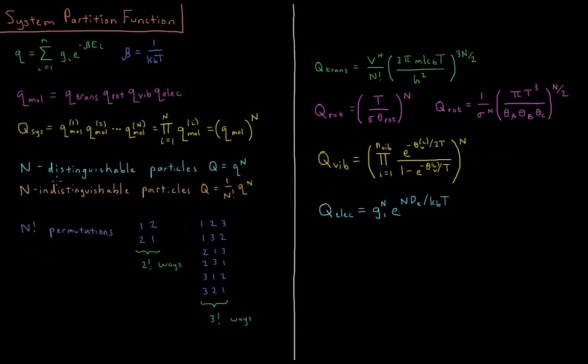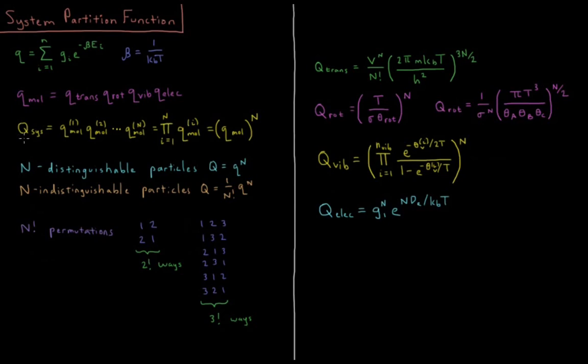So what we're actually doing is overcounting by a factor of n factorial when we treat the molecules as distinguishable particles. Atoms and molecules generally being indistinguishable particles, we put a prefactor of 1 over n factorial in front of our system partition function. So our system partition function is going to be 1 over n factorial times q to the n. And generally we'll tack that 1 over n factorial into the translational component.